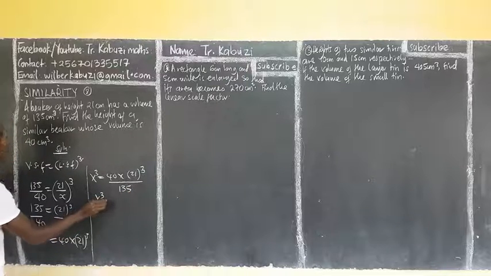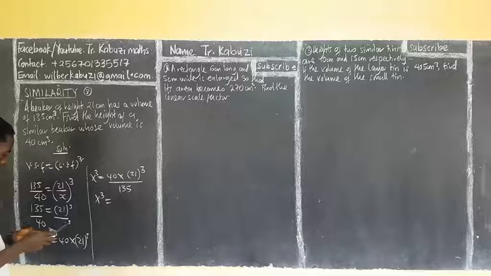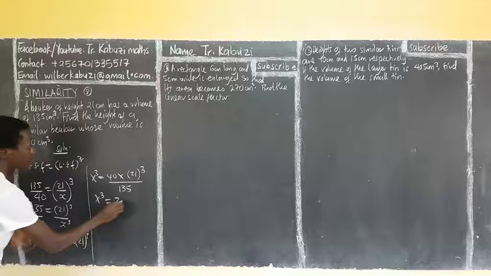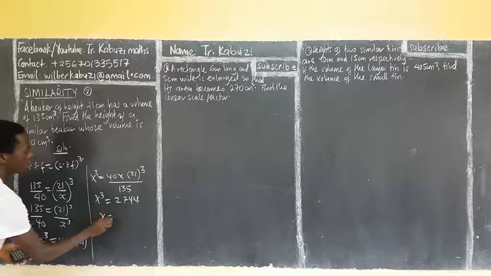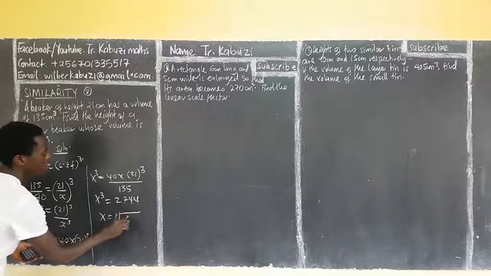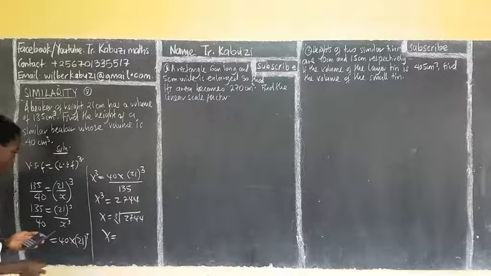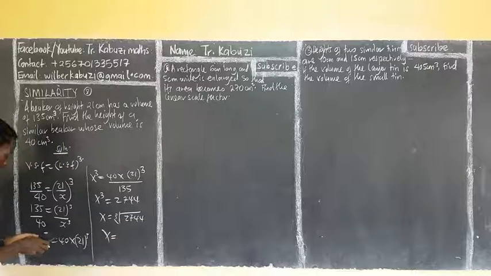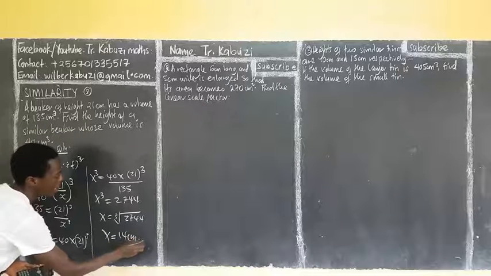So my x cubed is going to be 2744. Getting the cube root, x will be the cube root of 2744. And so my x is going to be 14 centimeters.